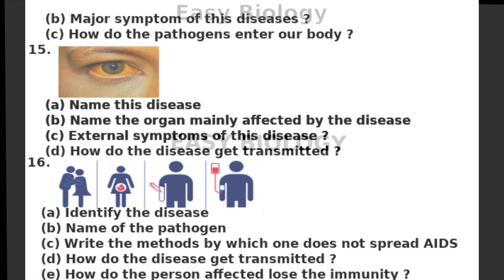Question 15D. How does the disease get transmitted? Answer: the disease gets transmitted through contaminated food and water, blood components, and excreta of the patient.